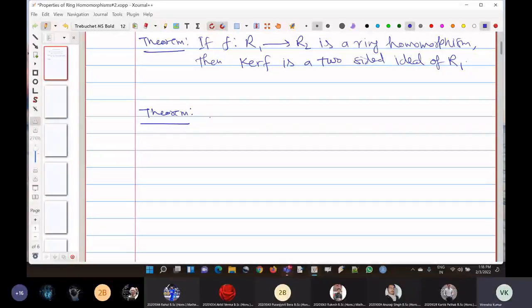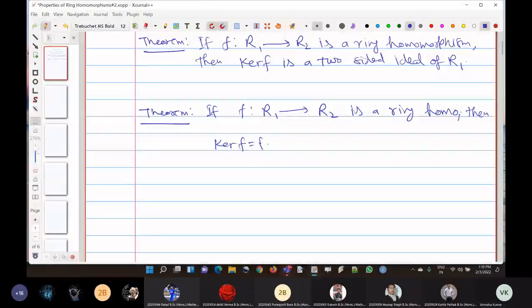So this theorem says that if f from a ring R1 to R2 is a ring homomorphism, then kernel of f is identically 0 if and only if f is 1-1.